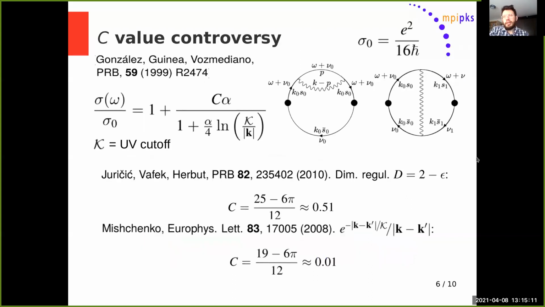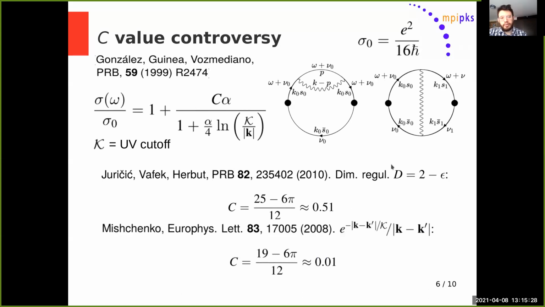But then, let's check the physical problem. There is a controversy in the value of the optical conductivity. We are focused only on Q equals 0 excitations because we want to obtain the optical conductivity for this system with that method.